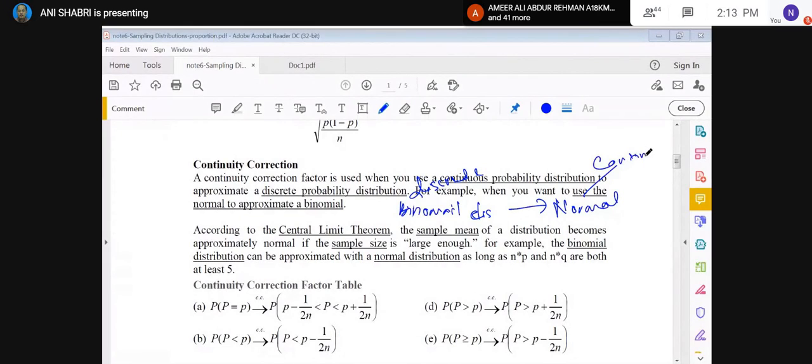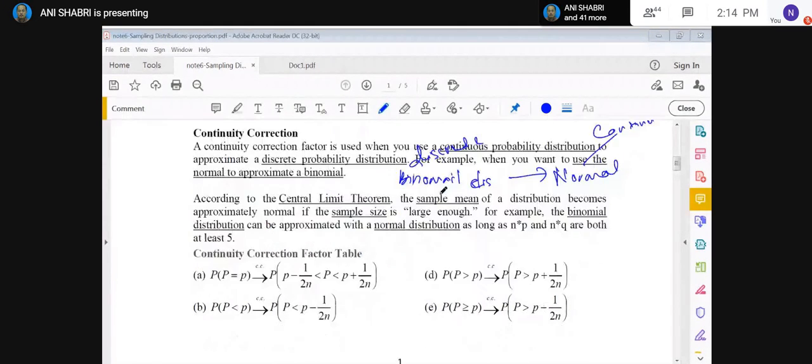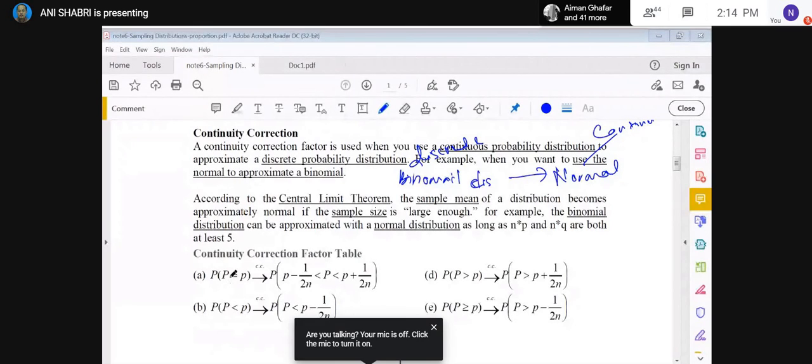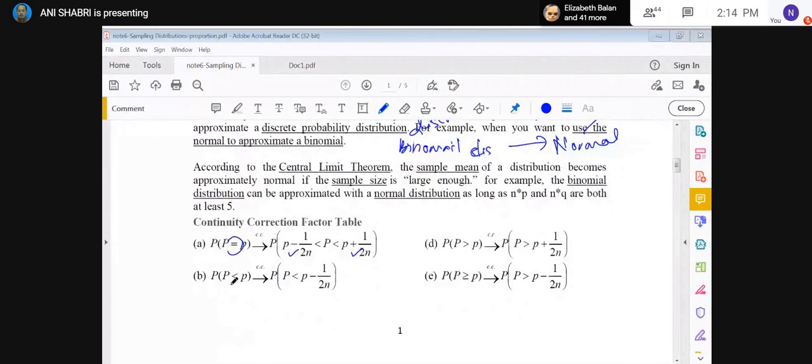When you want to approximate from discrete to continuous, we must use continuity correction. If less, we must minus.